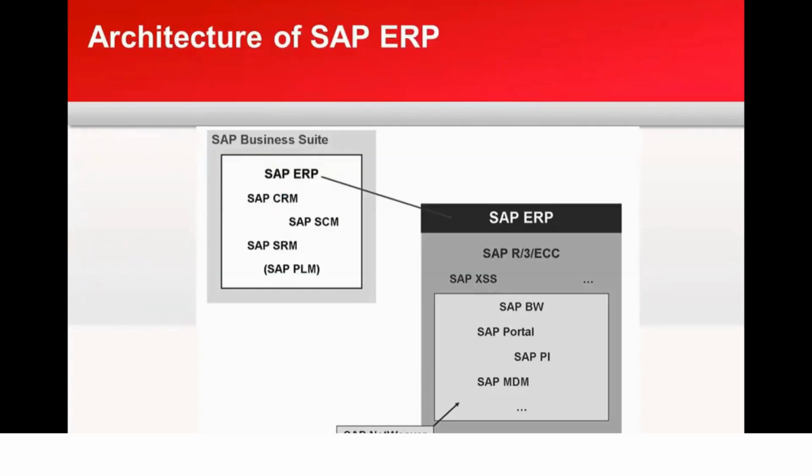Now from the architecture perspective, you have the Business Suite, and this is the breakup of ERP. Under ERP you have SAP NetWeaver, with MDM, PI, Portal, BW. Then you have access, basically self-service. Then you have SAP R/3 or ECC.